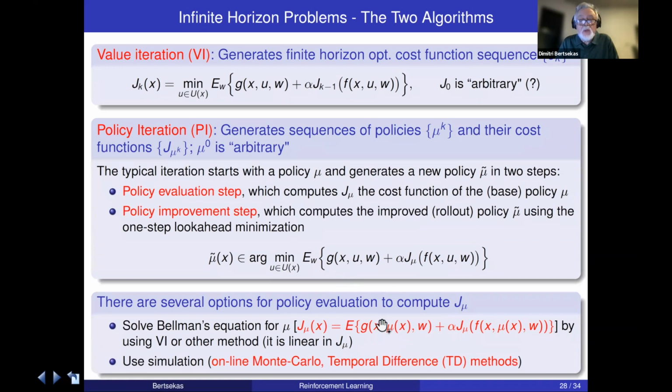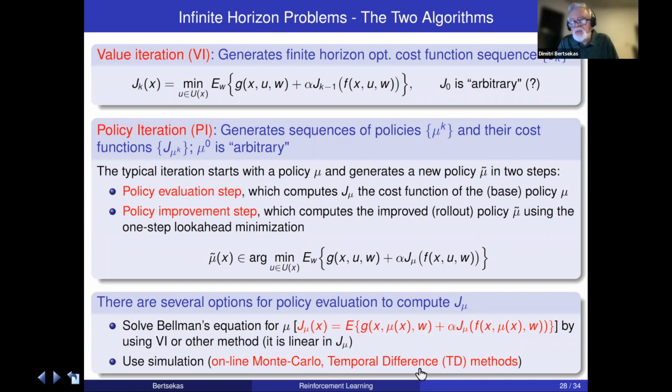Another possibility for solving this equation is using special types of algorithms that rely on simulation. For a given state, we can evaluate its expected value by Monte Carlo simulation. And then we can use an algorithm that solves the corresponding linear system.